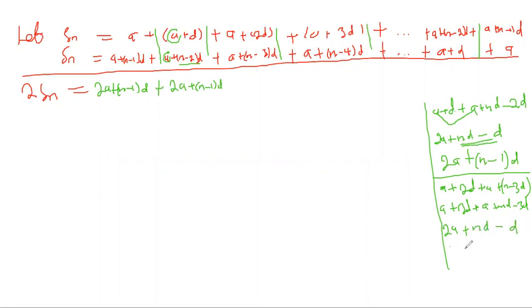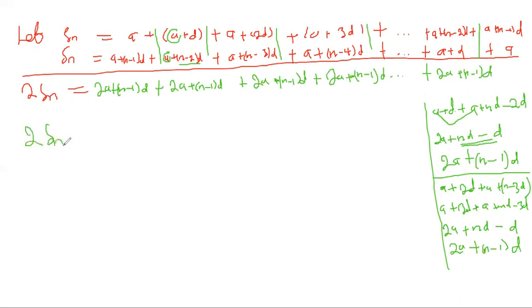So it will still give us 2a plus n minus 1 times d. So we also transfer it here. It will be the same when we do that, and the same there, and lastly there. So we can say 2Sn.